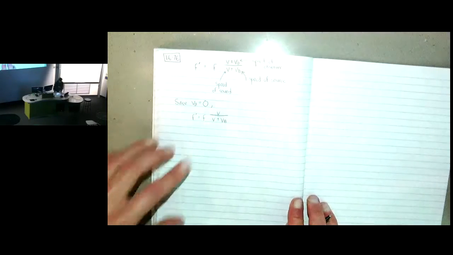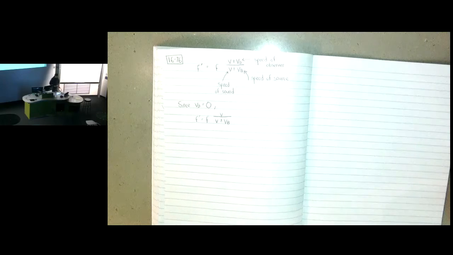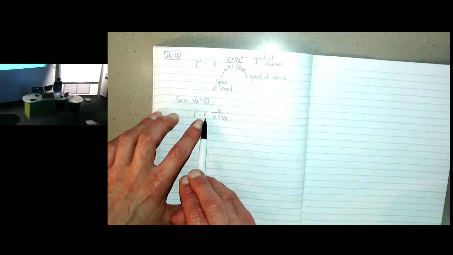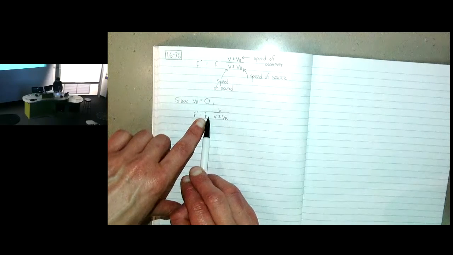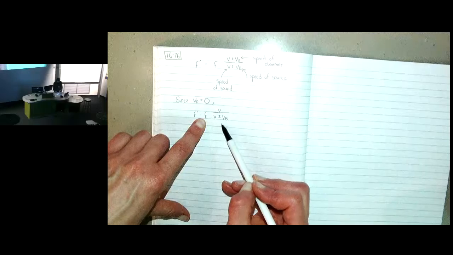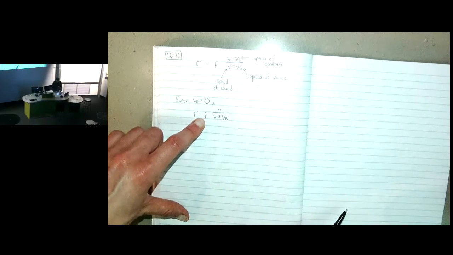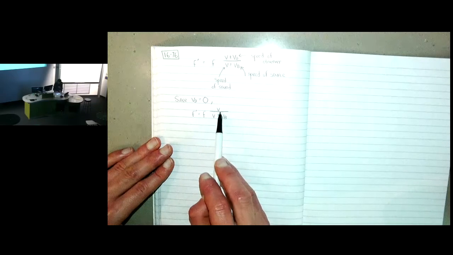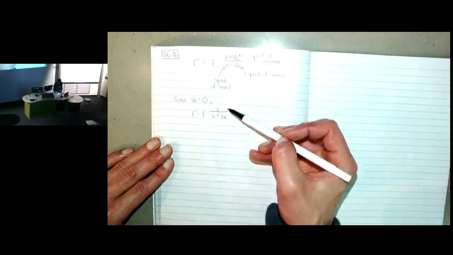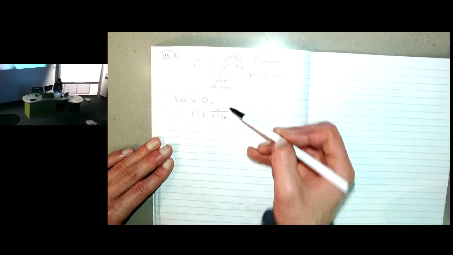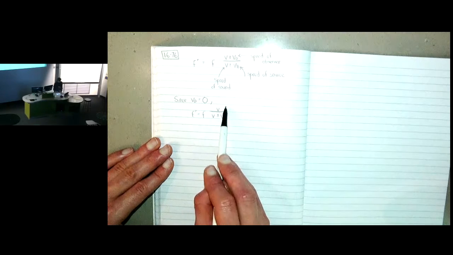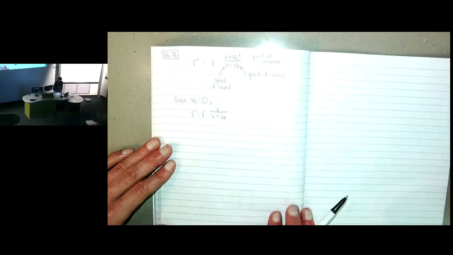Now, because the perceived frequency is higher than the frequency which the bird is emitting, we know that this factor here has got to be greater than 1. So practically what that means is that this denominator here has to be less than the numerator. And the only way we're going to achieve that is if we choose the minus sign. If we chose the plus sign, then the denominator would be greater than the numerator and the overall fraction would be less than 1.